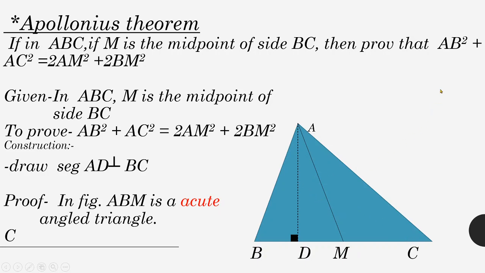You have to show AB square plus AC square, where in triangle ABC, M is the midpoint of the third side BC.